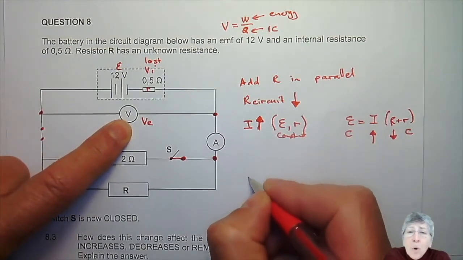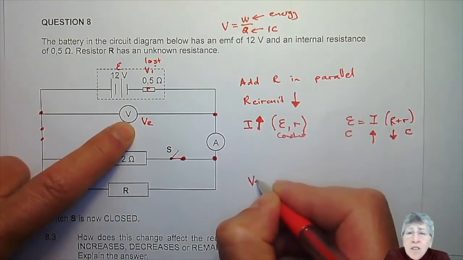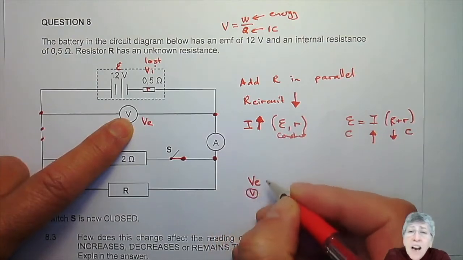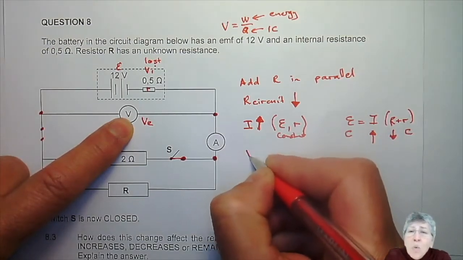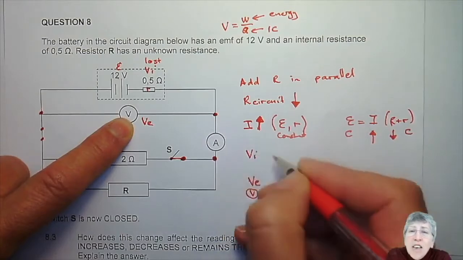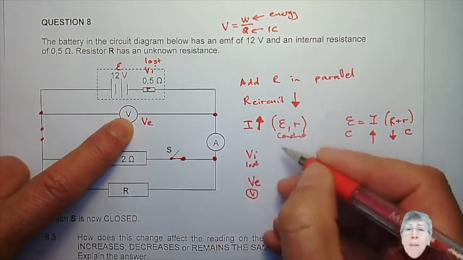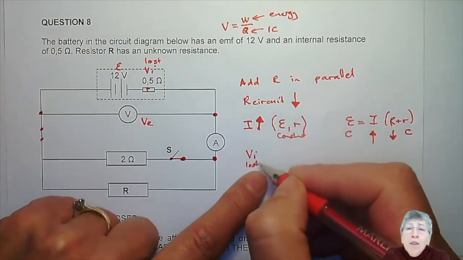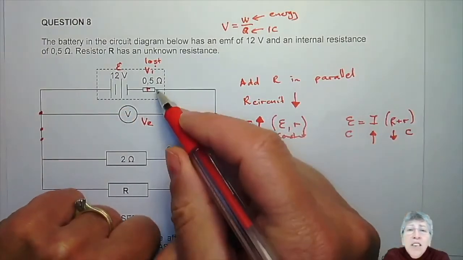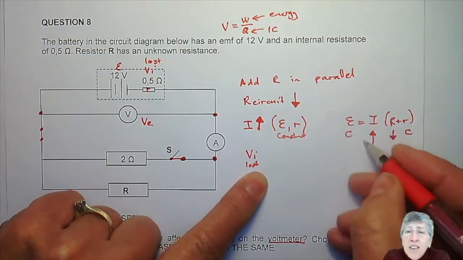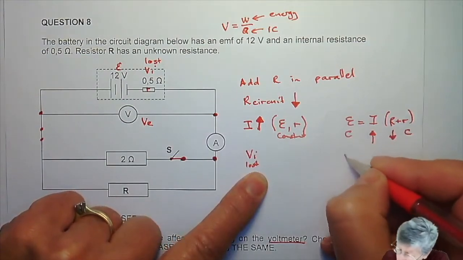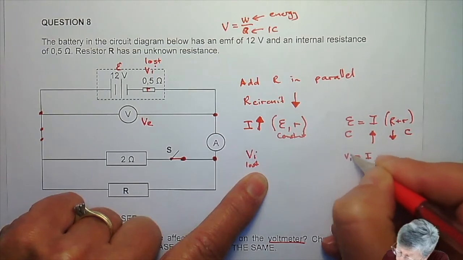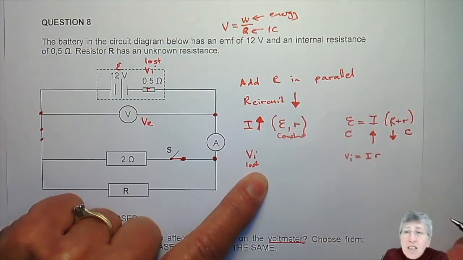Now, if I want to talk about the volts that are available for external, that voltmeter reading, I first have to consider what is happening internally, what is lost. Now, when the current increases, I want to know what's happening to the internal volts. Is it using less or using more energy in there? Now, for this, I will say V equals I times r, because it's the internal voltage, so it's the internal resistance.